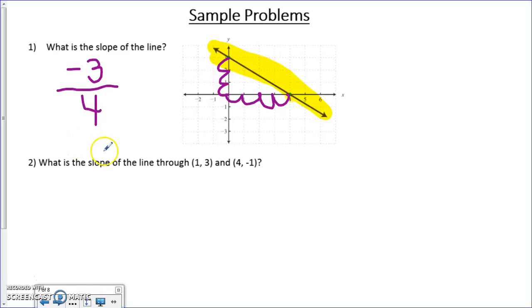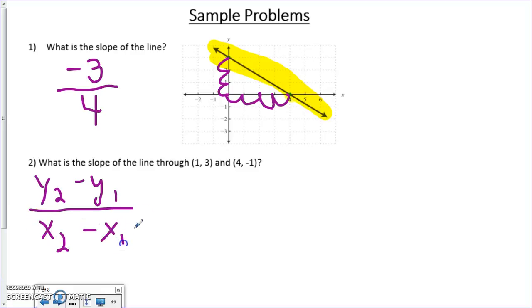What is the slope of the line through (1, 3) and (4, -1)? So we're going to use the slope formula, y2 minus y1 over x2 minus x1. 1 is x1, 3 is y1, 4 is x2, and negative 1 is y2.